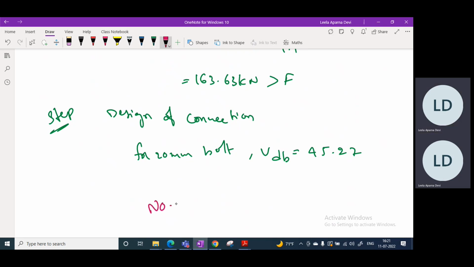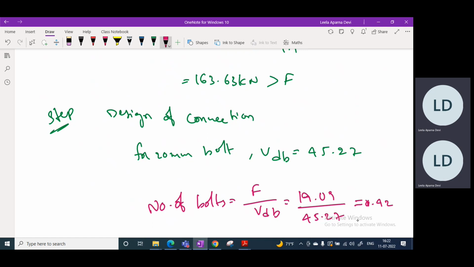The number of bolts required is the force in the lacing system divided by the design strength of the bolt, which equals 19.09 divided by 45.27. This equals 0.42. That means one bolt is sufficient.